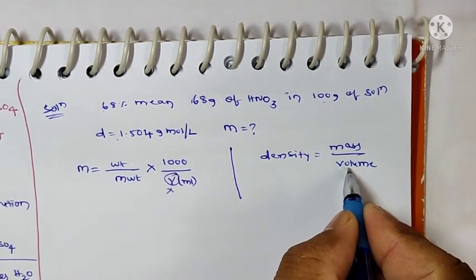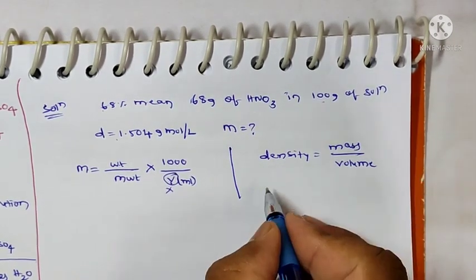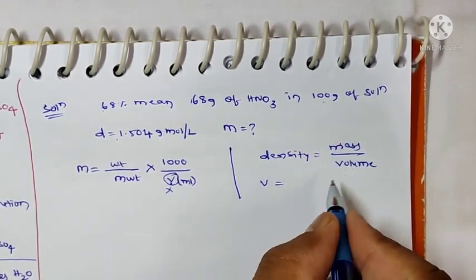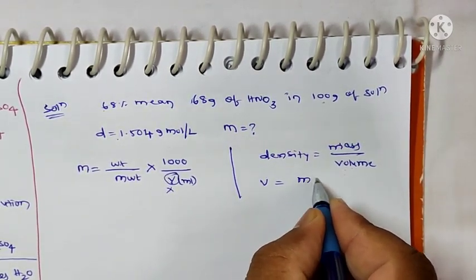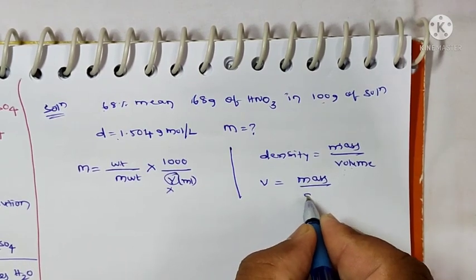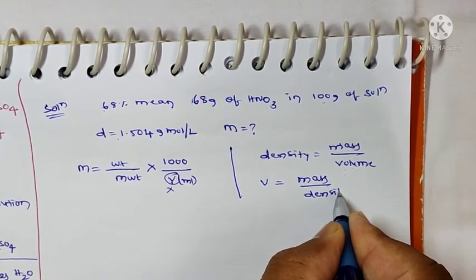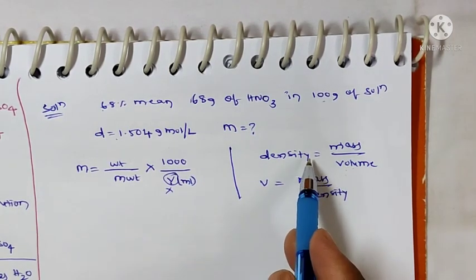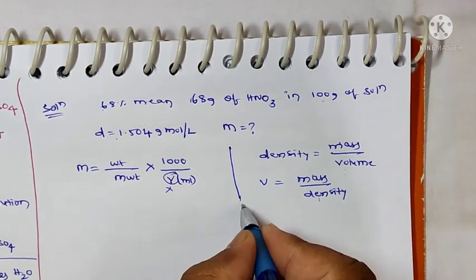Then we can find out that volume. So volume is equal to mass by density.